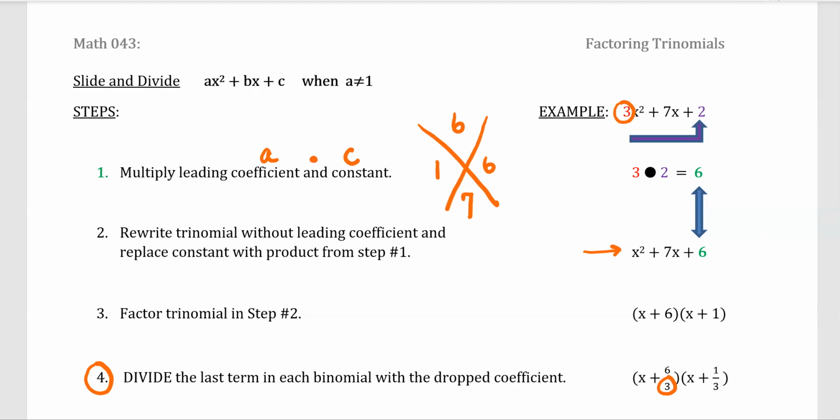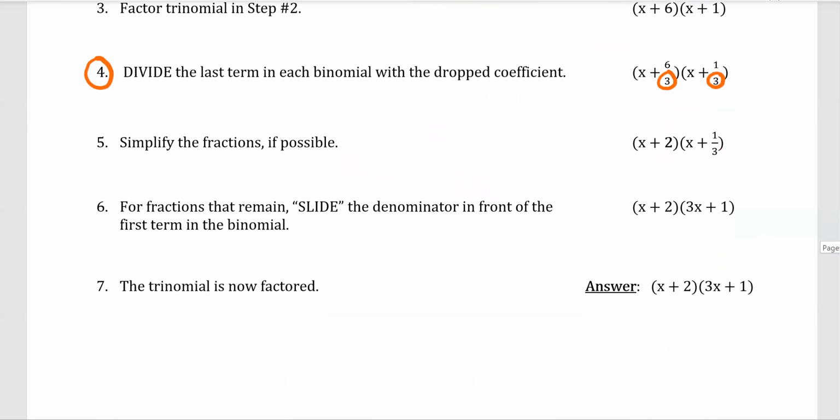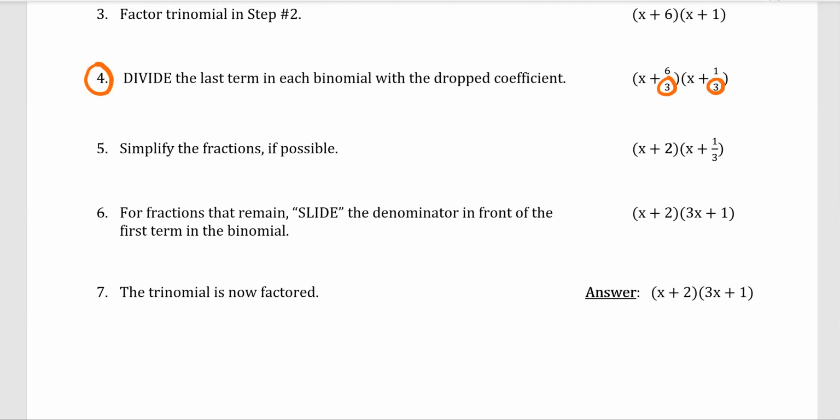We're going to divide both factors by A. Simplify that. 6 divided by 3 is 2. You cannot simplify 1/3. And then you're going to slide the denominator in front of the variable. So your answer is x plus 2 times 3x plus 1.